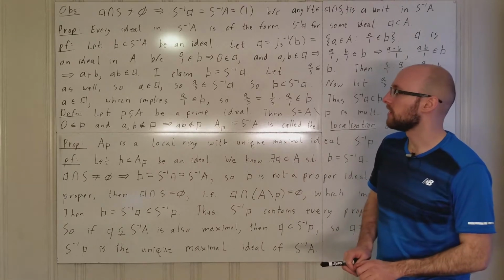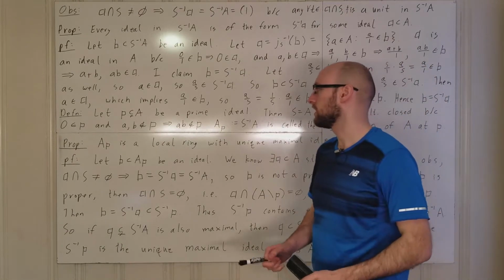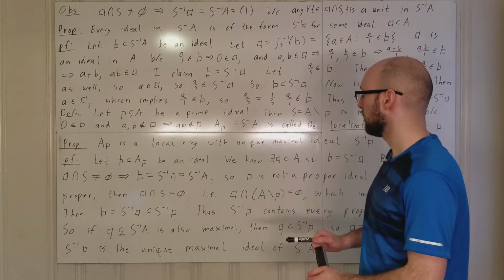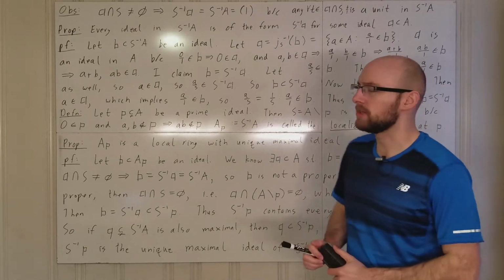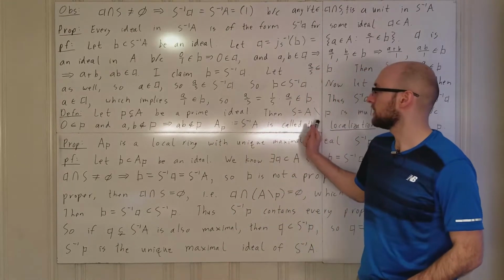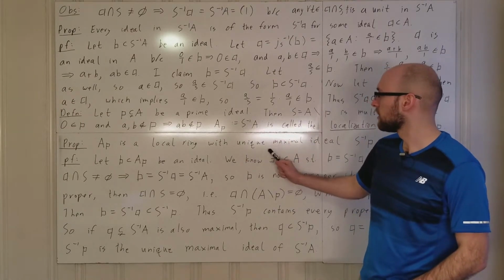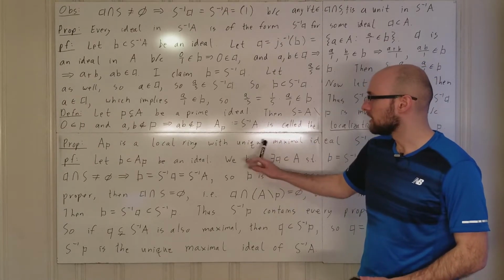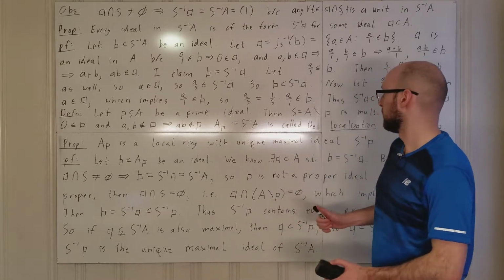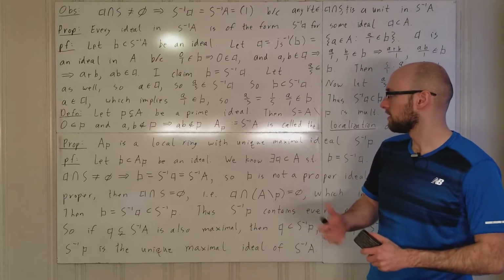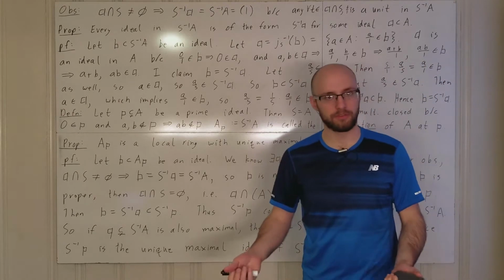And yeah, that's about all we have to say, at least for now, about localization. So we get this kind of neat proof of the fact that localization gives you local rings.